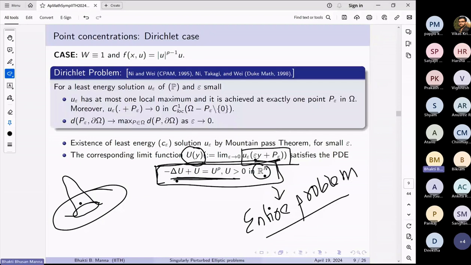So this plays a crucial role, and the bubble or the concentration profile depends upon this particular equation only. In most of the problems where people study the concentration profile, there always exists such an equation. So finding this equation which gives us the concentration profile is very important for this kind of problem.